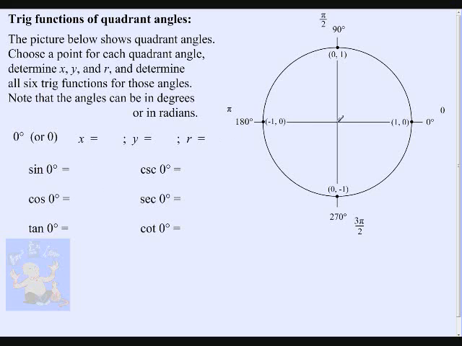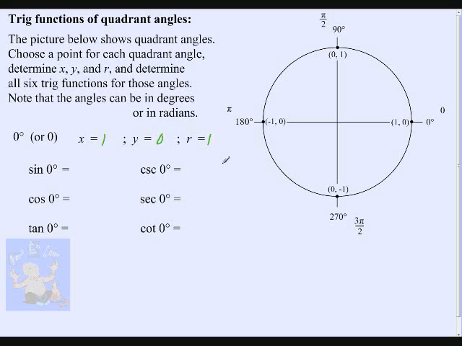So, at angle 0 degrees, which is right here, the point we're going to look at is 1 for our x and 0 for our y. So x is equal to 1, y is equal to 0, and what is r equal to? It's equal to 1, isn't it?